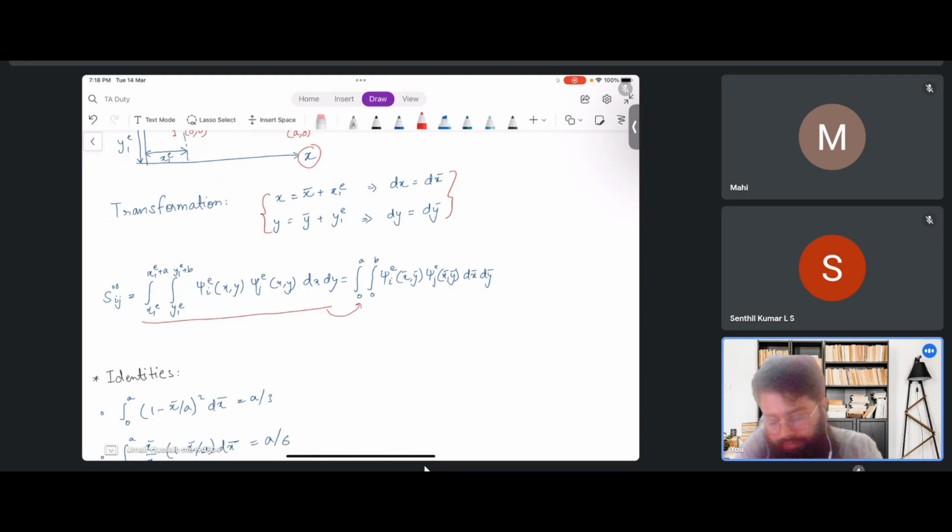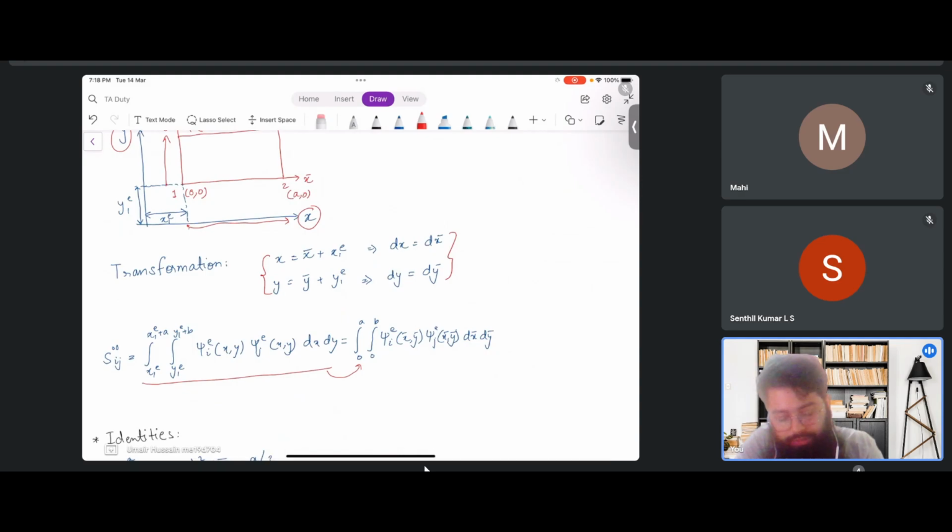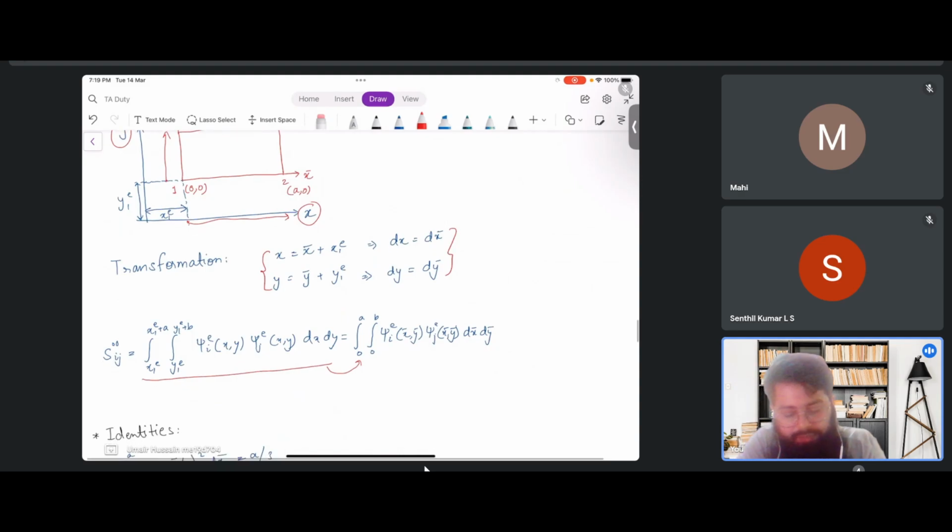Initially we were integrating from x1e, this point, to x1e plus a, this point, and in y from y1e to y1e plus b. Now we have to transform it to 0 to a and 0 to b, and dx dy can directly become dx bar and dy bar.